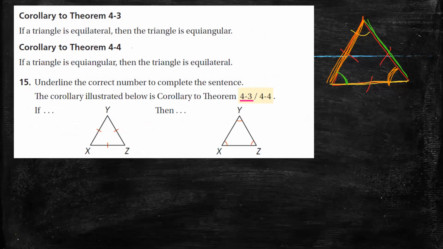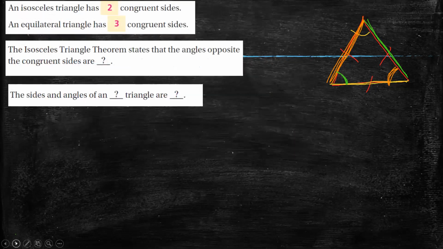If the sides of the triangle are congruent, their angles will be congruent, and if the angles are congruent, all the sides will be congruent too. An isosceles triangle has two congruent sides, but the equilateral has three congruent sides.